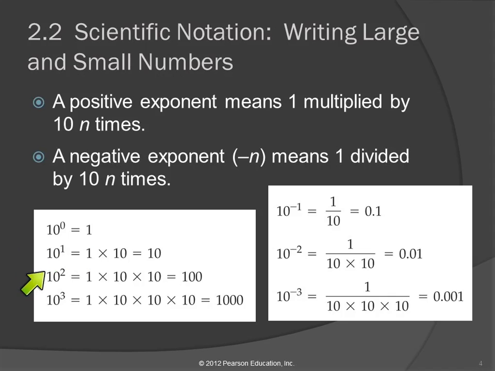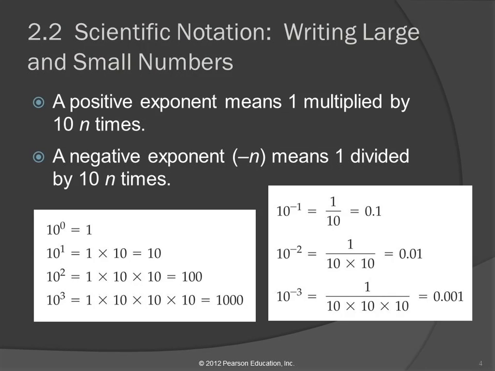Okay, so here, 10 to the second power. 10 to the second is 10 times 10, 2 times. 10 to the third is 10 times 10 times 10, 3 times. Okay, that's fairly straightforward. The negative means that it's 1 over that. So 10 to the minus 2 is 1 over 10 squared.